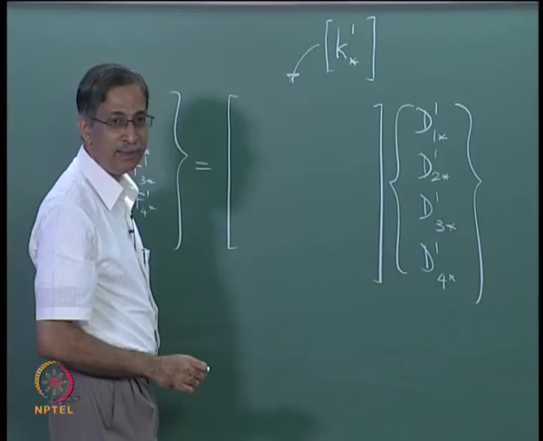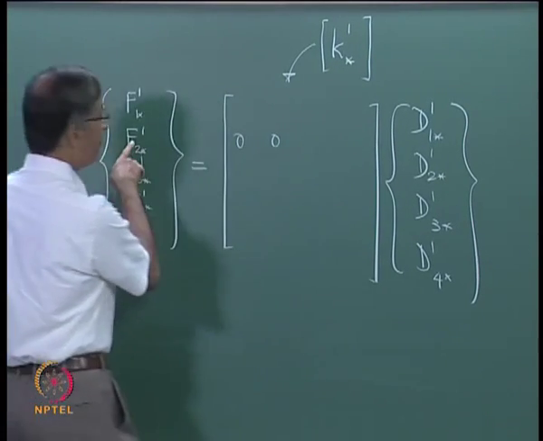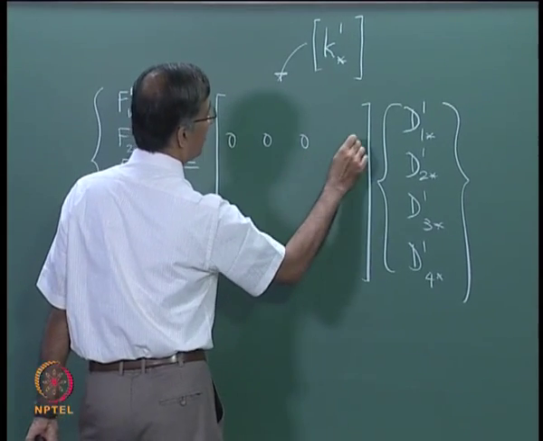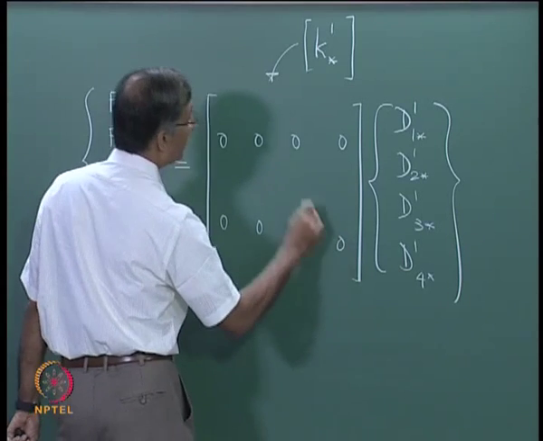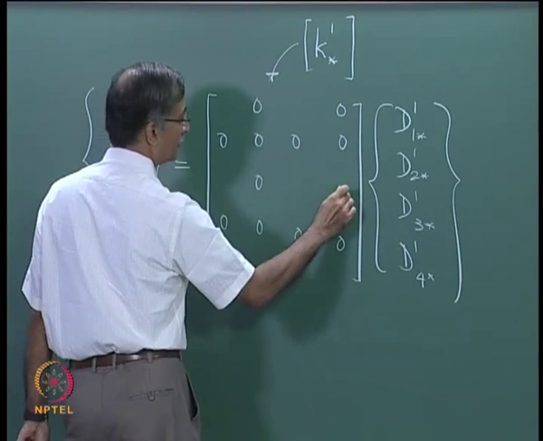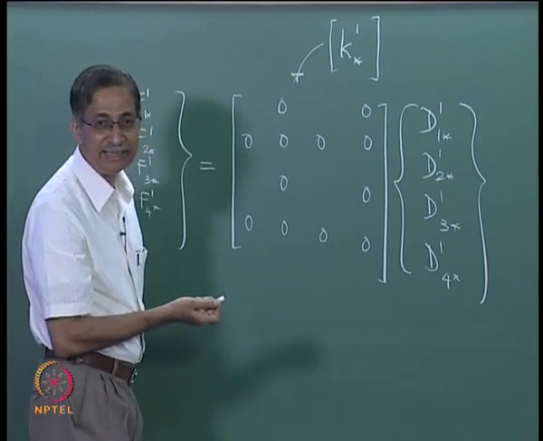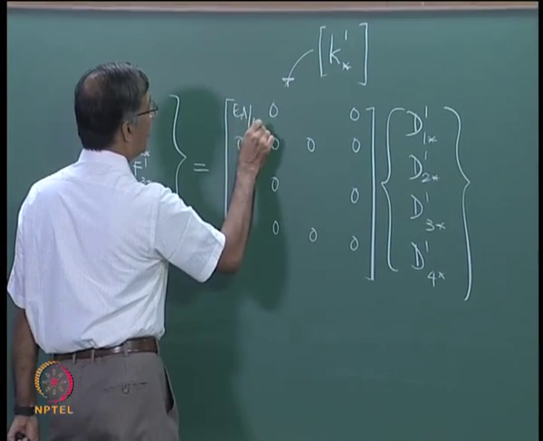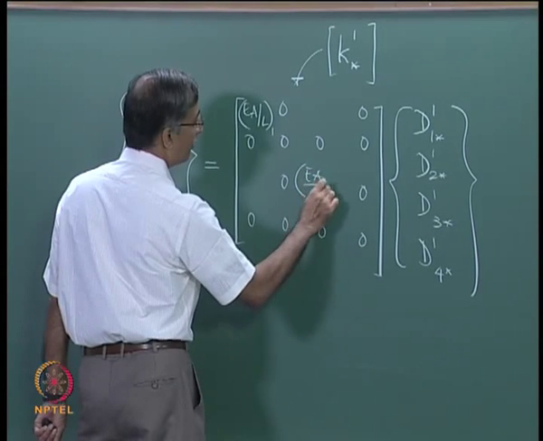Which are 0? Second and fourth. Because they refer to shear forces in a truss element, those shear forces are 0. So we know that these are anyway going to be 0, and so the columns also will be 0, right, and the non-zero values, what are they? They are very easy to remember. The principal diagonal will have A by L of that element 1, and minus comes to the off-diagonal elements.